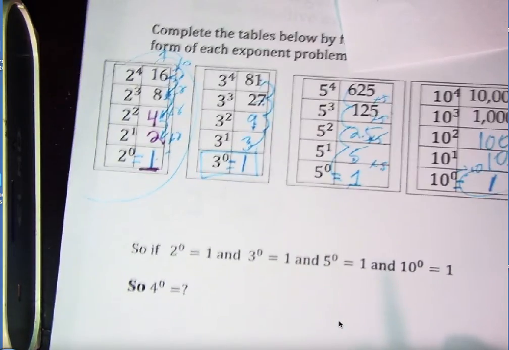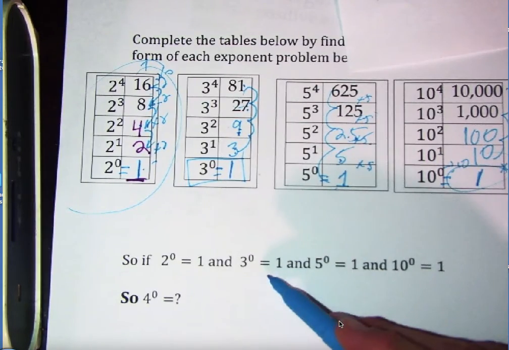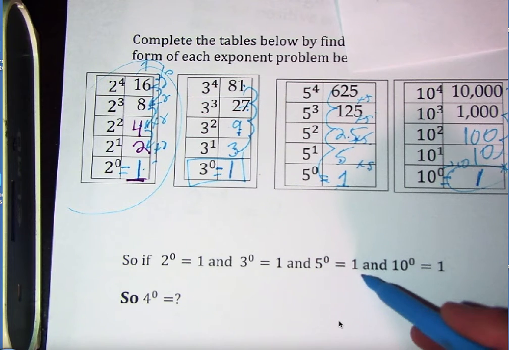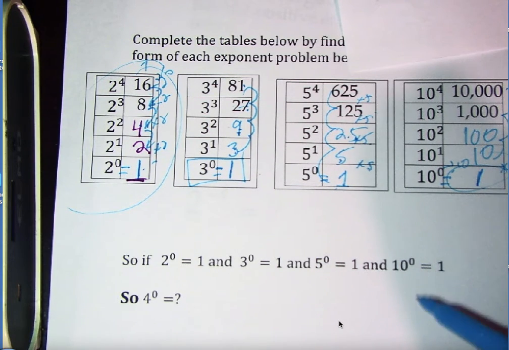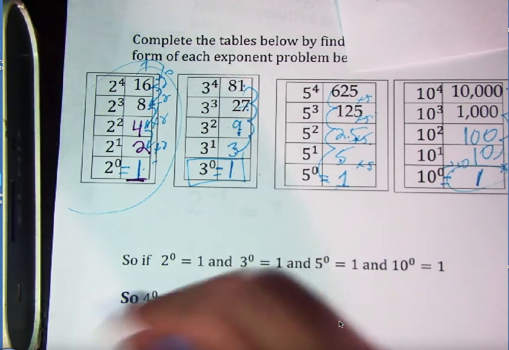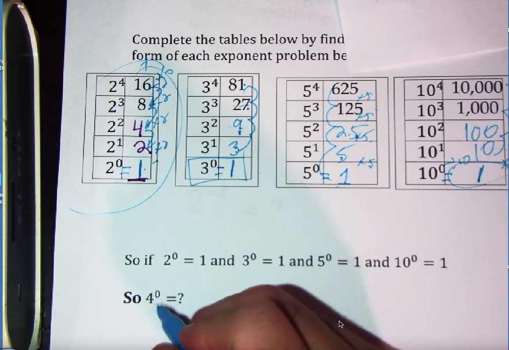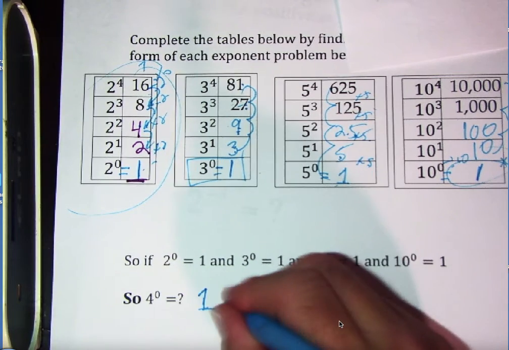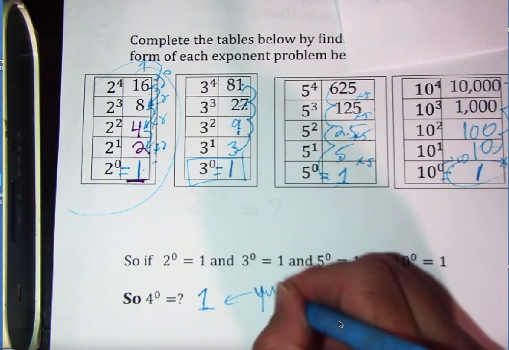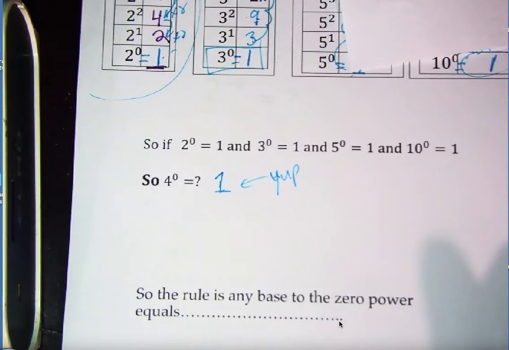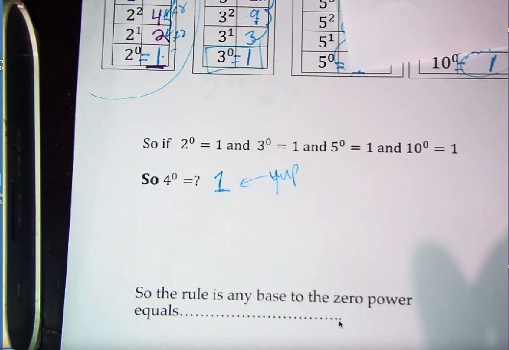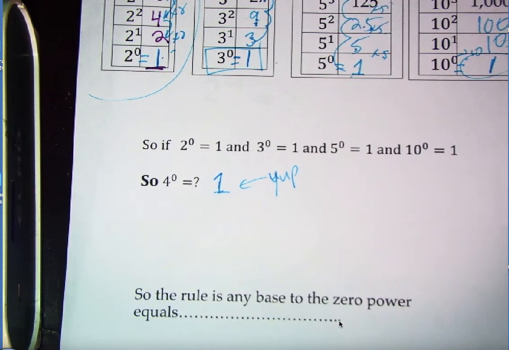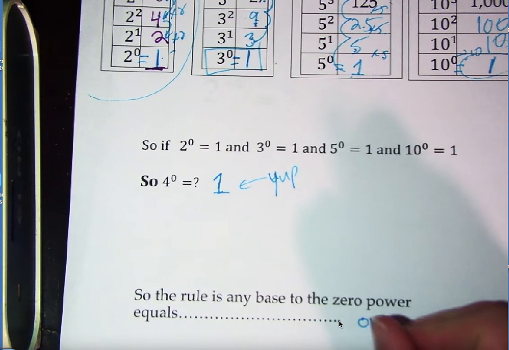If 2 to the 0 is 1, and 3 to the 0 is 1, and 5 to the 0 power is 1, and 10 to the 0 equals 1, then what is 4 to the 0? Yep, it is 1. So, there is a rule that we just explored and we proved. The rule is any base to the 0 power equals 1.